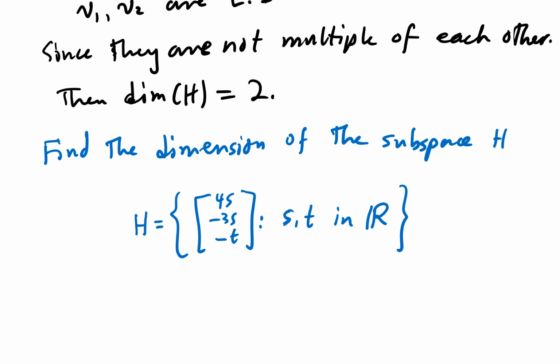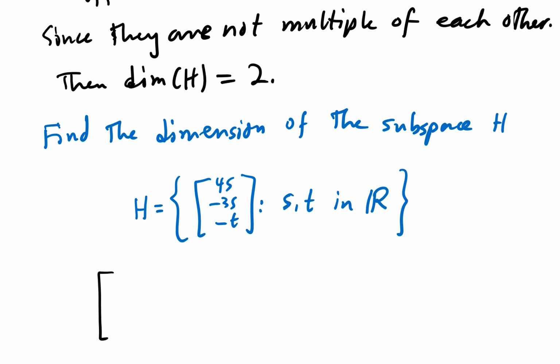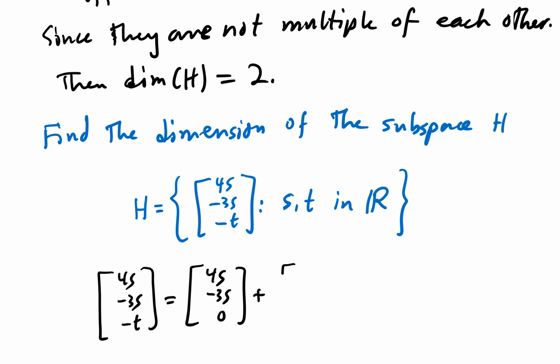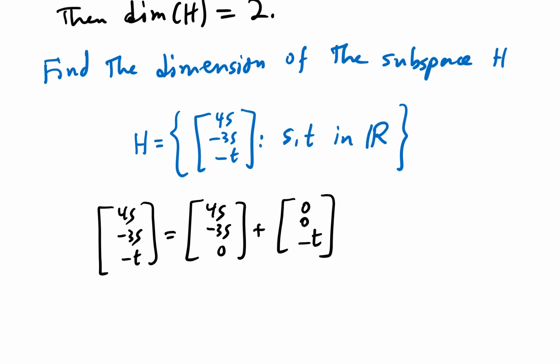So what do we do? We take this in parametric form, as it's called, by splitting this into 4s, -3s, 0, plus 0, 0, -t. And we can factor s out: 4, -3, 0, and factor t out: 0, 0, -1.